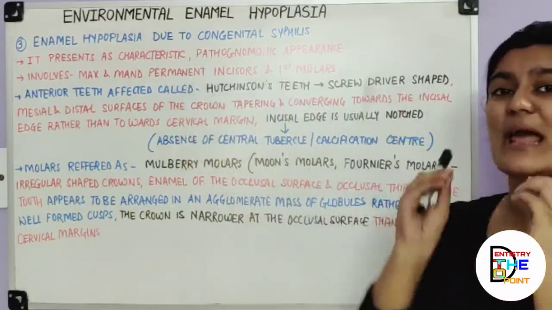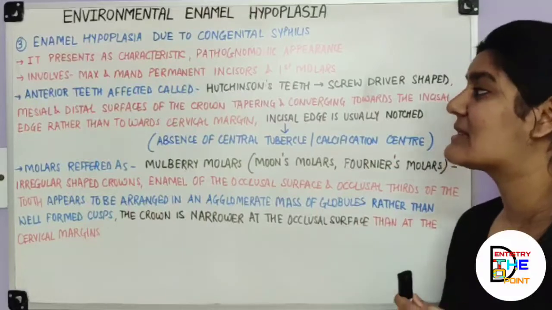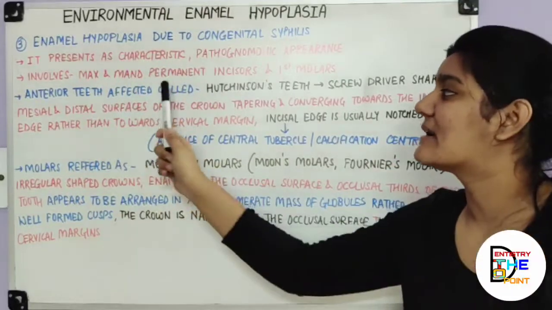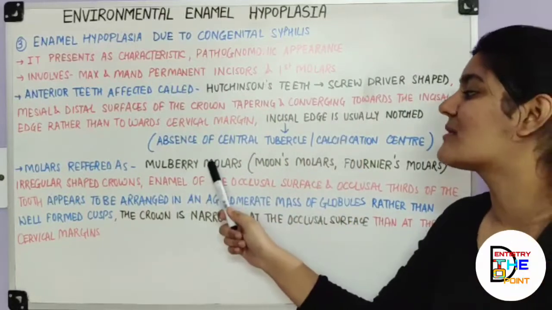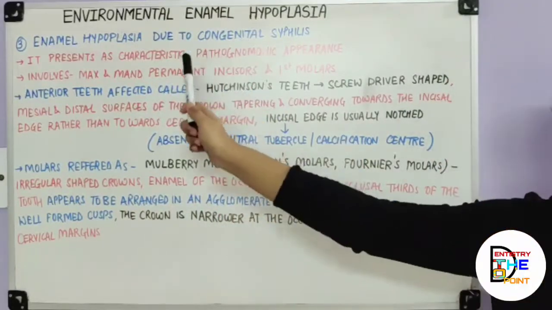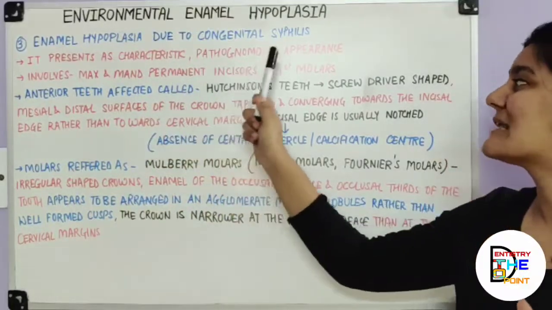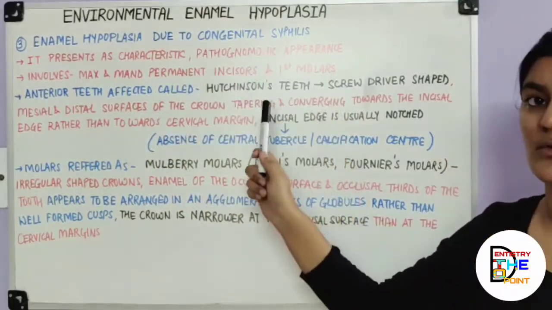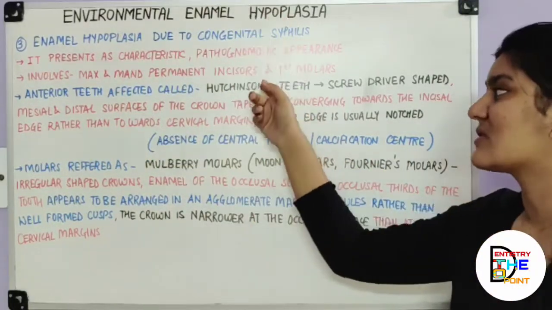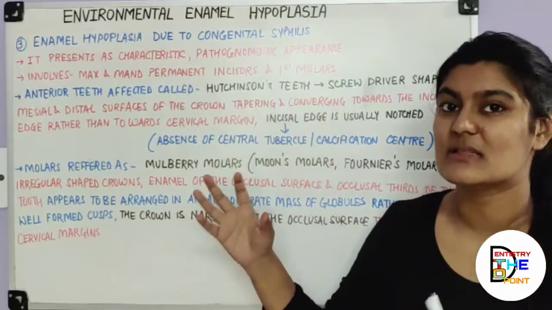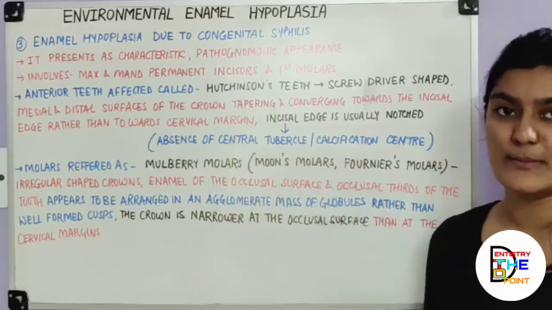In anterior teeth it is called Hutchinson's teeth, and in the molars it is known as mulberry molars, because the characteristic appearance more commonly involves the maxillary and mandibular permanent incisors and first molars.